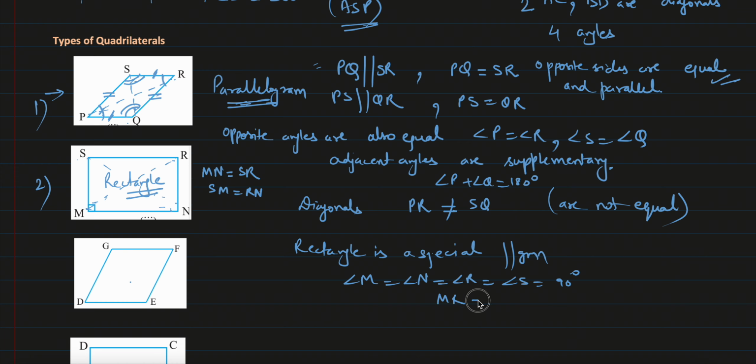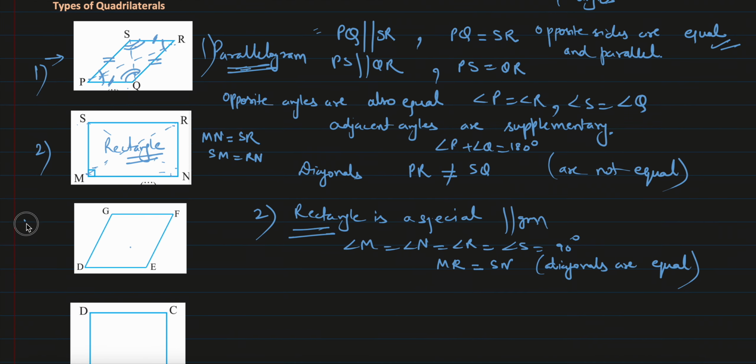So MR equals SN. So that's the special property of a rectangle, that all angles are 90 degrees and diagonals are equal, other than all properties of a parallelogram.